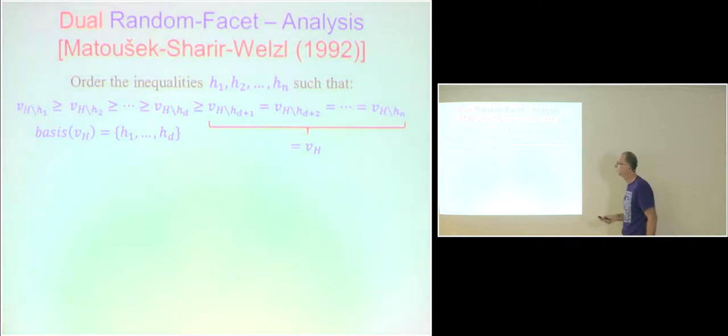Okay, so what does this order mean? H1 up to hd are all essential, but which one of them do we view as the most essential?